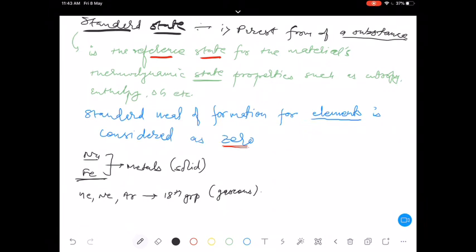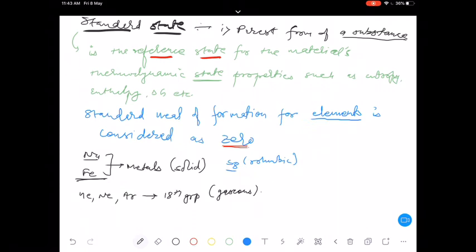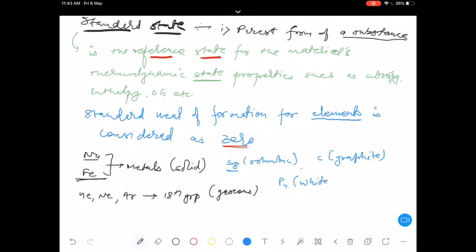Also I'll write here sulfur, rhombic sulfur, S8, when sulfur is written in the form of S8, carbon as graphite, phosphorus as P4, or simply white phosphorus.